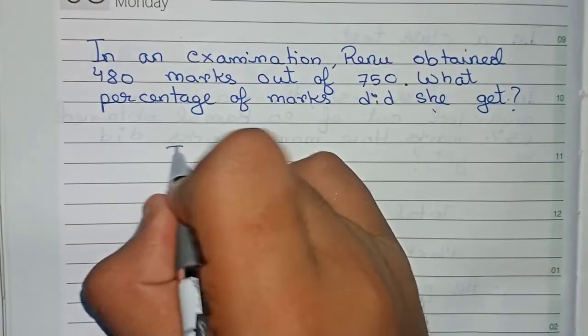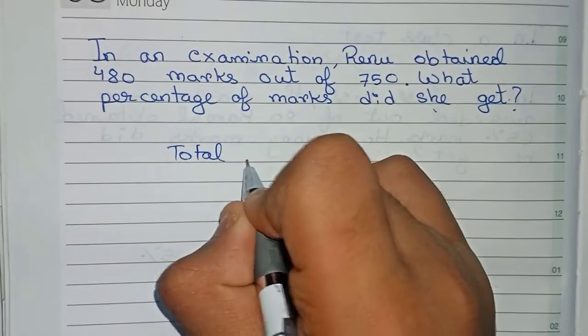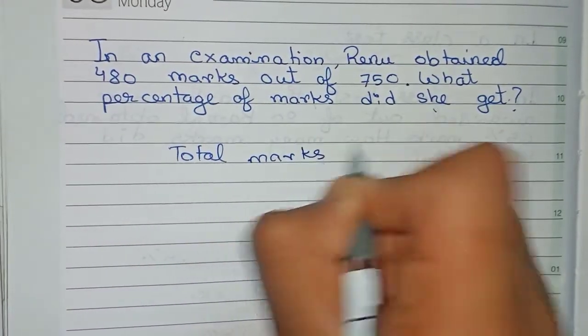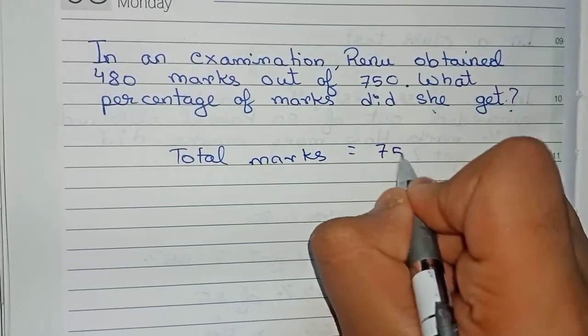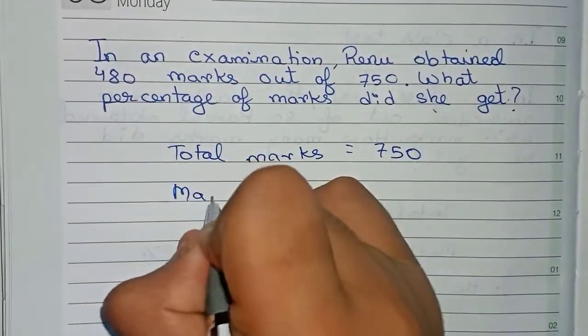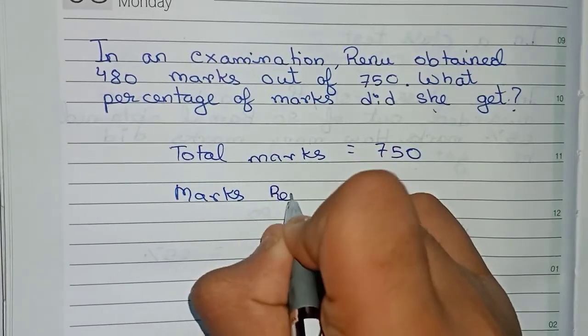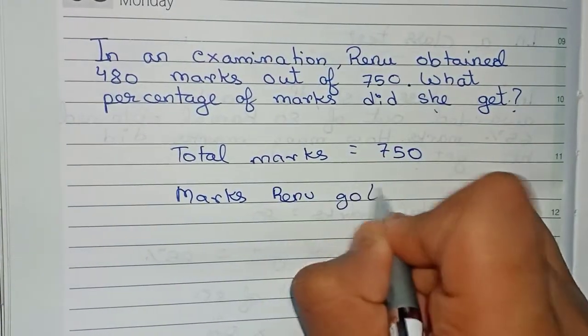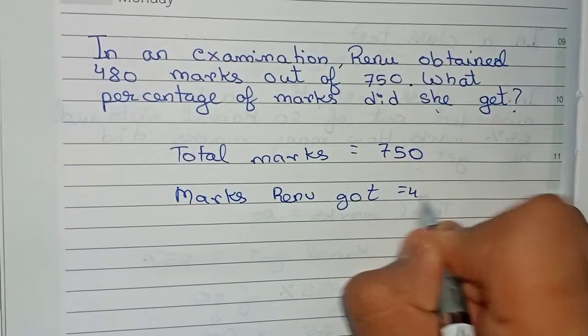So now we write total marks equals 750, given in the question. Now marks Renu got equals 480.